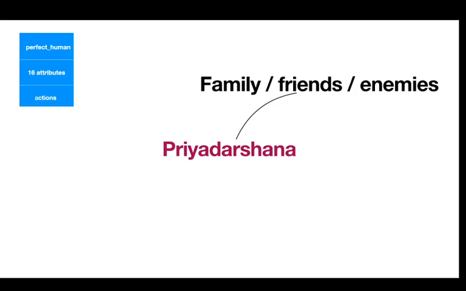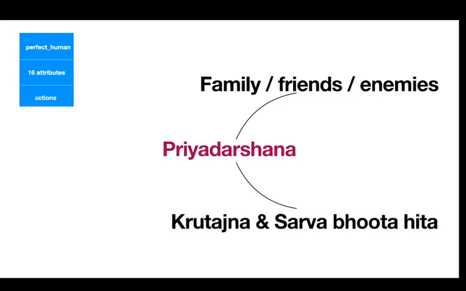Also, we should understand that this does not correspond to any physical trait. A person may be physically beautiful or not, that doesn't matter to us. If we like him, then he will look beautiful for us. How does one look beautiful? How do you like somebody? The earlier attributes that we have discussed.